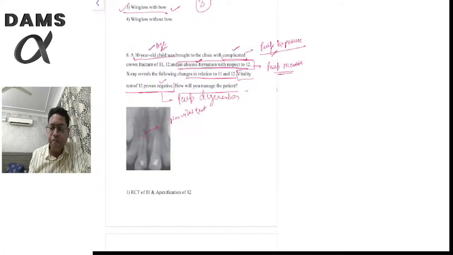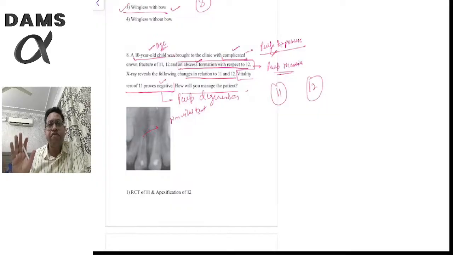So definitely both 1-1 and 1-2, according to the information given in the question, they require some sort of endo intervention. Vital pulp therapy would not do. Okay, with 1-2, there is abscess formation. So pulp is definitely degenerated. The response to the vitality test is negative with 1-1. So pulp is also irreversibly degenerated.